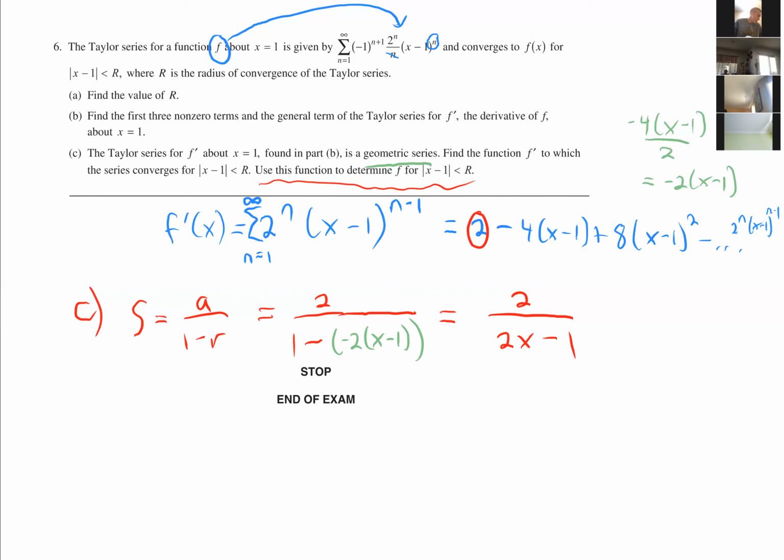Okay, so what I am going to do here, this one is centered at 1 because it's x minus c, where c is our center. So we're centered at 1. So I'm going to take the function to which the series converges. Okay, so this would be an answer here.